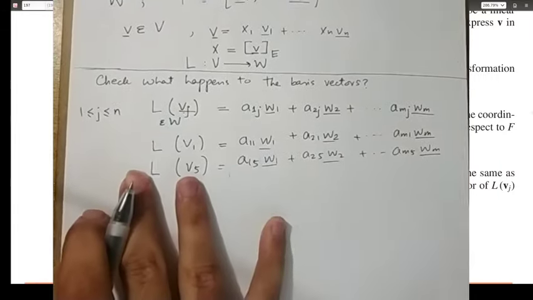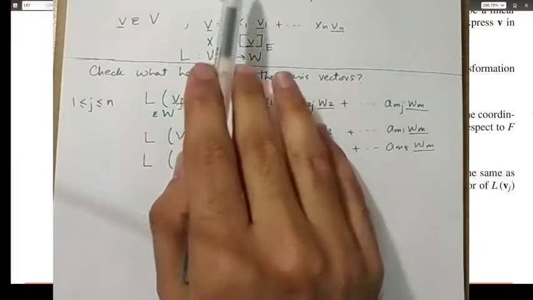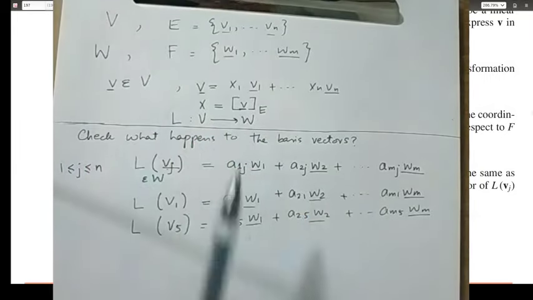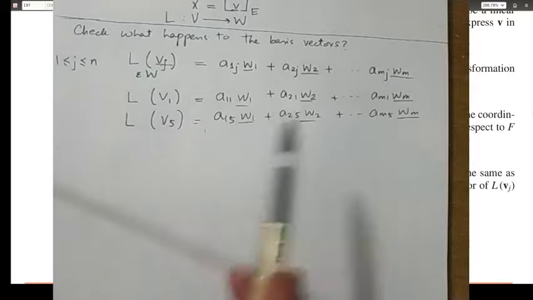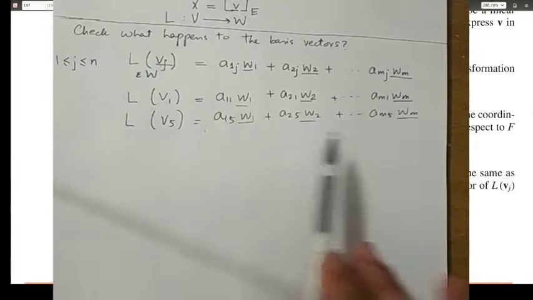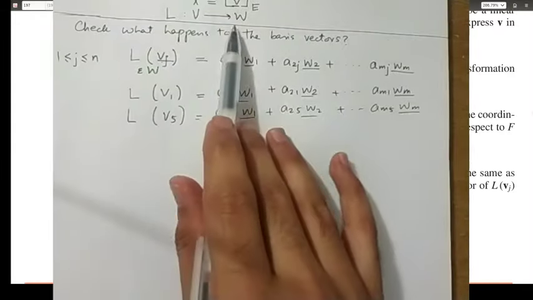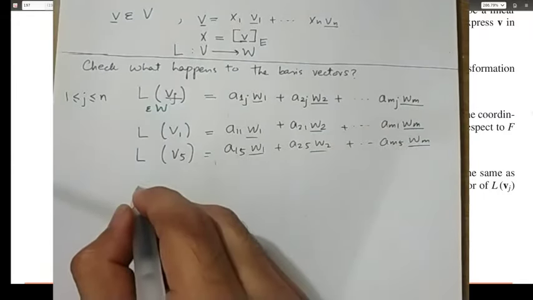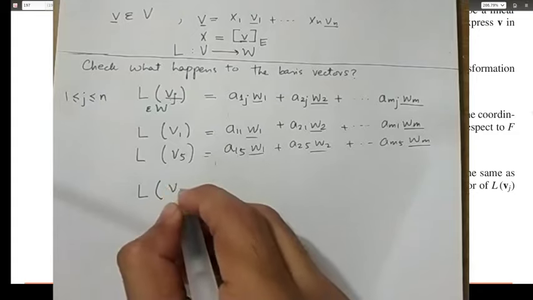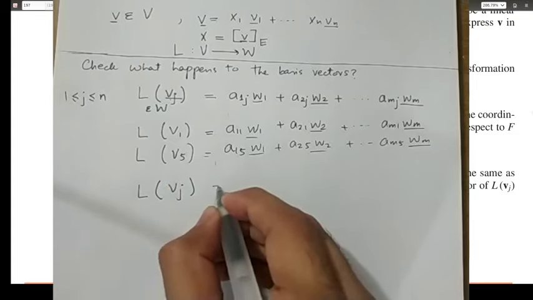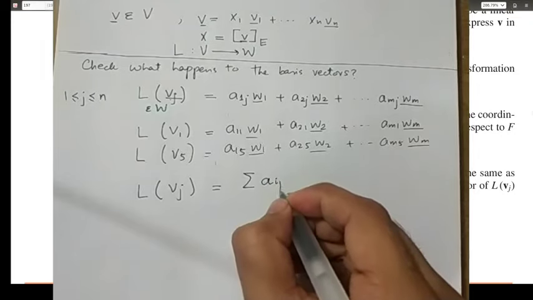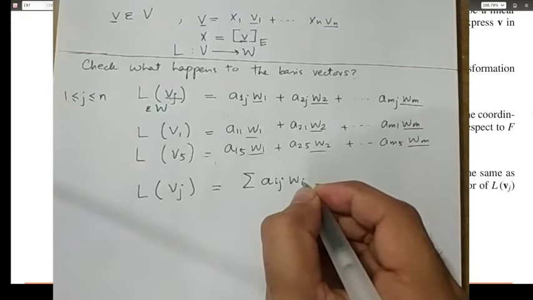So this j keeps track of which basis vector we are talking about from space V, and this is the representation of that vector in the space W. Okay, so I can shorten this expression and I can write L of Vj is simply summation of Aij Wi.